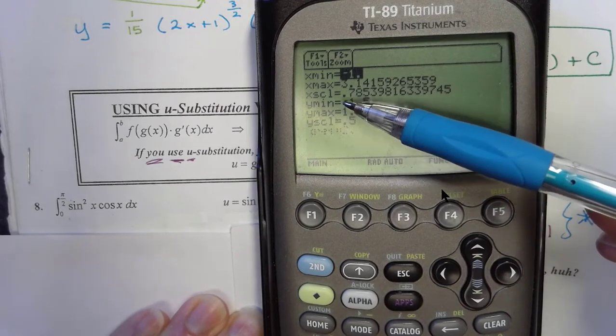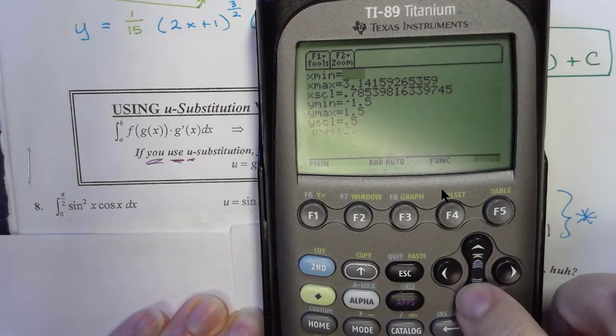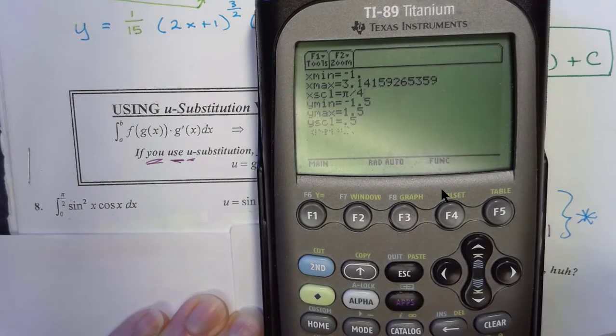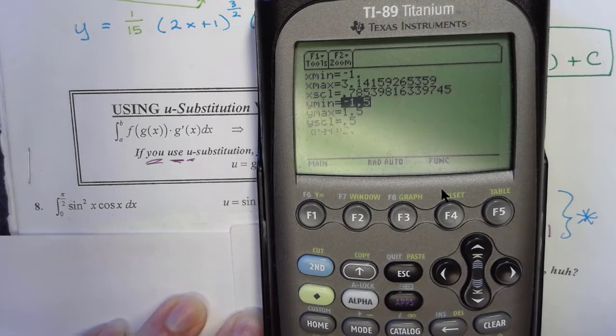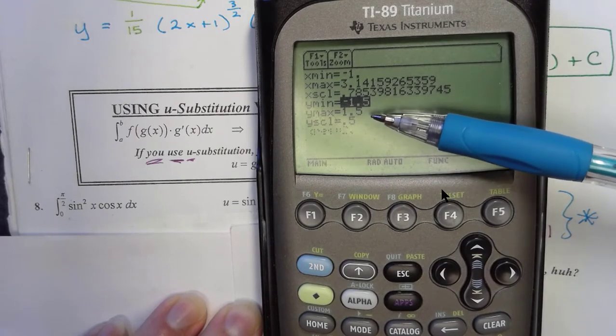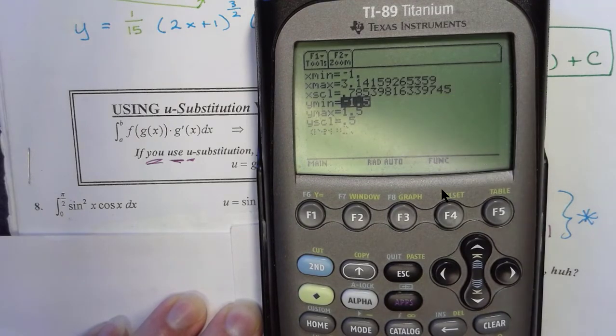And then I am going to look at my scale. I'm going to let it be pi divided by 4. That's how we get that nice little number. And we know that all values for sine go from -1 to 1. Same thing for cosine. So I'm going to let my values go from -1.5 to 1.5 just so I see everything. And my scale on my y-axis is going to be 0.5.